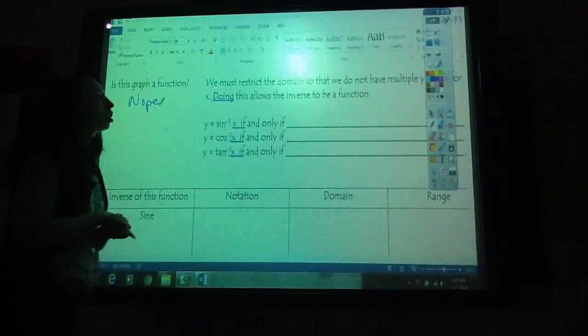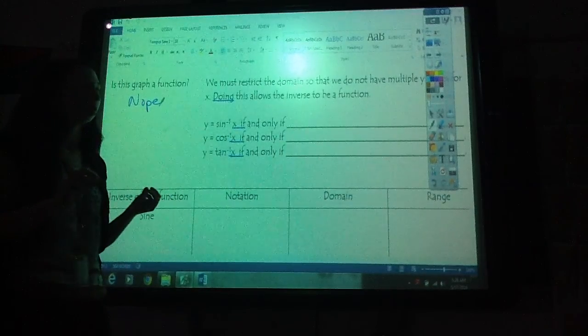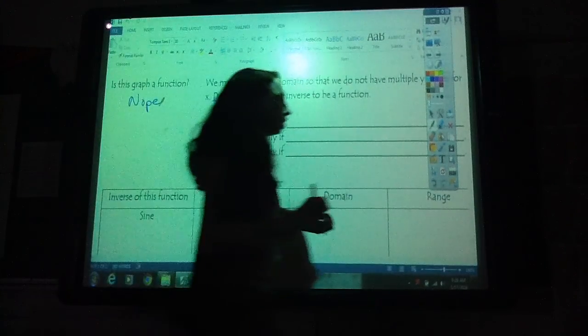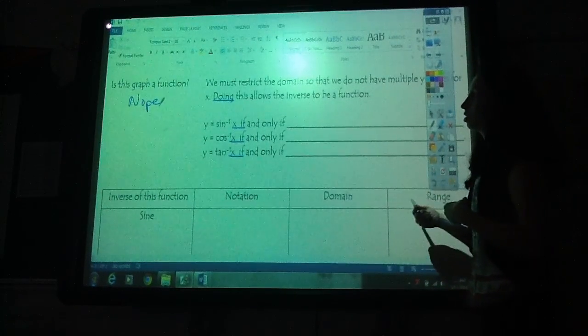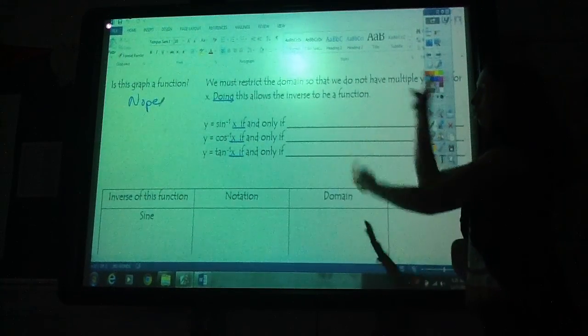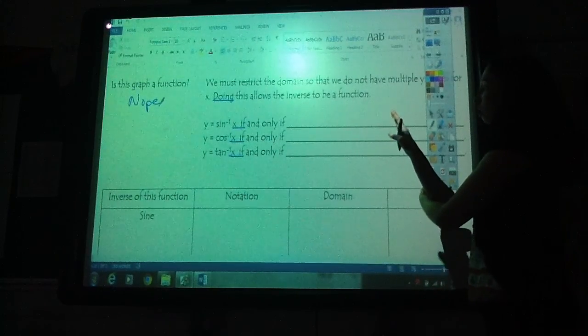So we can restrict the domain. Now by restricting the domain of the original function, it allows us to flip that inverse so that it can be an actual function.